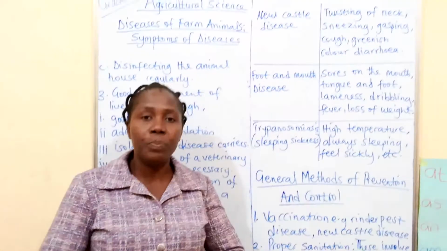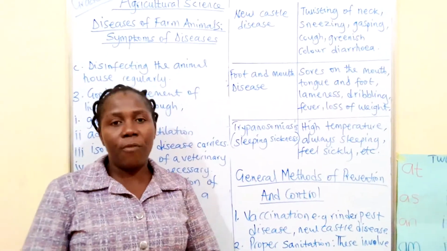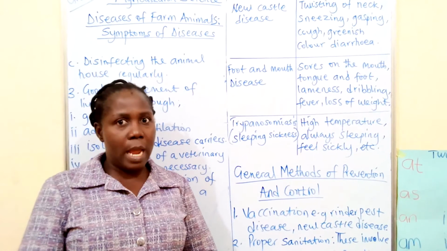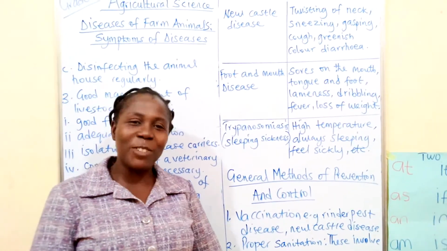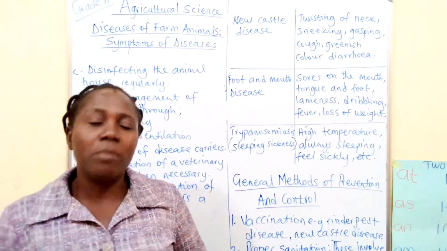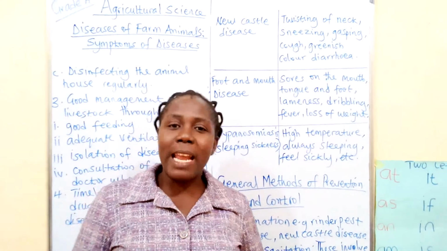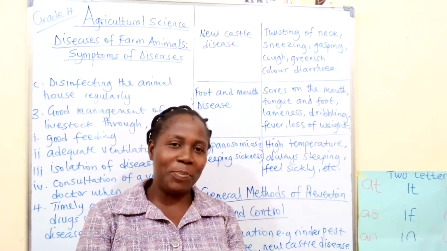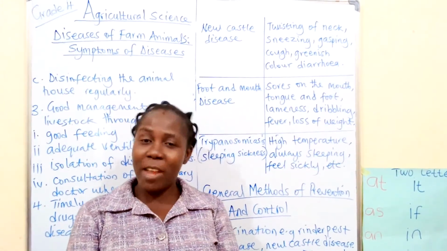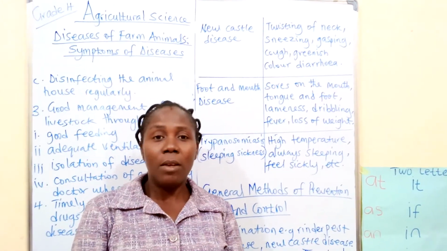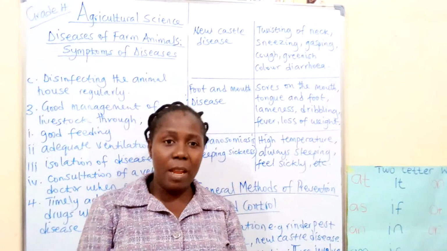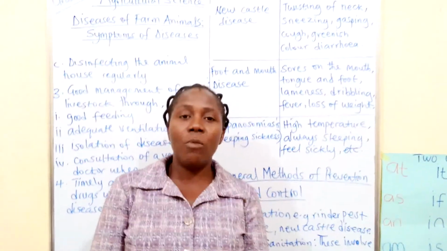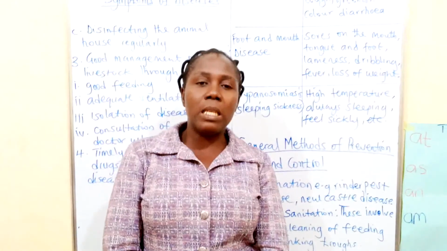Lastly, before we go, we want to look at the dangers of eating infected animals. Any danger? If I should ask you, what do you think? If you should eat an animal that has been infected with any of these diseases, what do you think will happen to you? Any answer? Anything can happen? Yes. Number one, anybody that eats an infected animal will be infected by that disease.